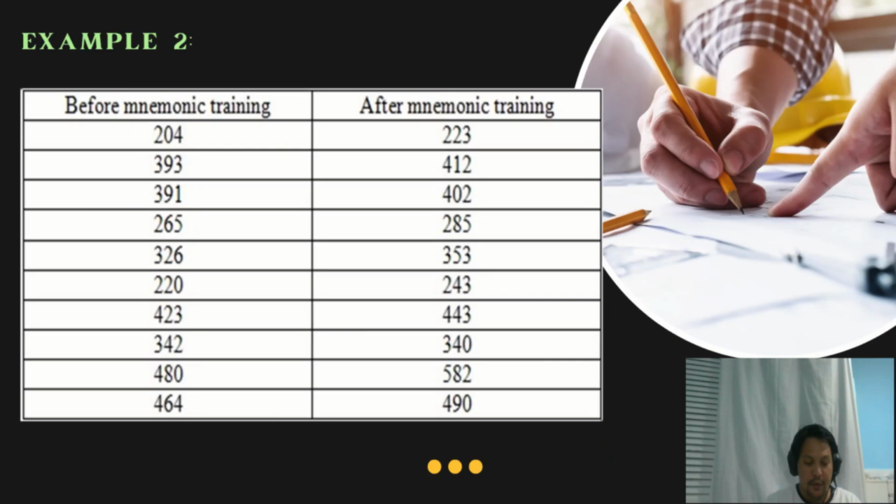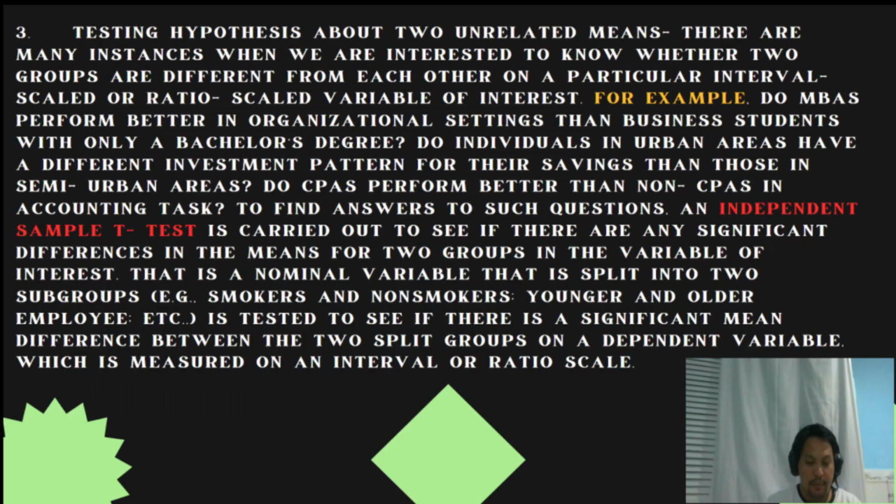And for example number 2, what you see in the table are scores that are significantly increased between before the training and after the training. That is what we call testing hypothesis about two related means.